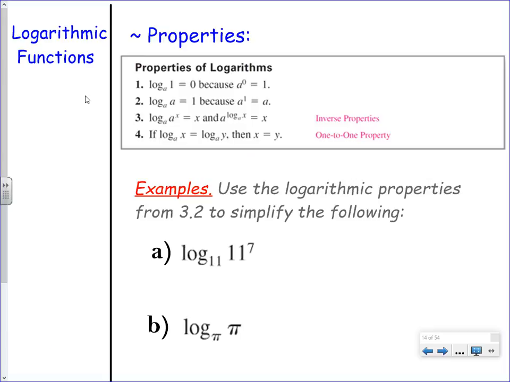But let me come back and ask you the exponential properties. We've talked about them a little bit. Let's just review them real quick. Like bases, what do you do with the powers? Add them. So a to the b times a to the c is a to the b plus c. What do we do when we have like bases being divided? Subtract what?